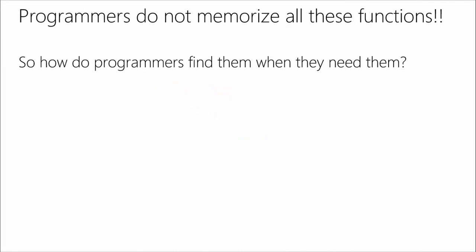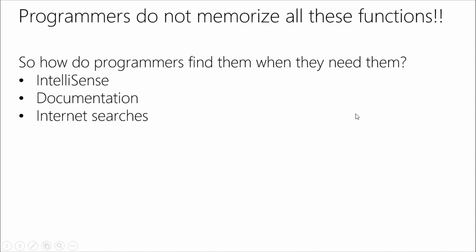So how do we go in and find them? IntelliSense, and honestly, IntelliSense is great. When in doubt, type the name of the variable, hit dot, and see what pops up. There is documentation. F1 can help you. And then, of course, internet searches. Absolutely. Stack Overflow.